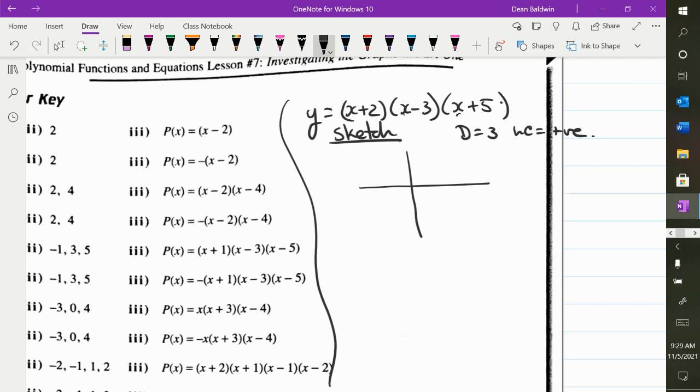What are my x-intercepts? -2, +3, and -5. Everybody agree with that? The right arm has to be up, so we have to finish up here, which means the left arm has to be down. You have to go through those points.